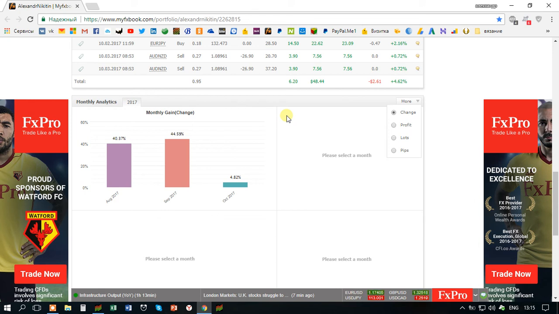Maybe you use fixed position, then you switch to Kelly percent, then to ordinary percent, then to an amount of money, and then again to fixed position. This is not consistent when you change your money management strategies pretty fast. Then you won't have consistent results.